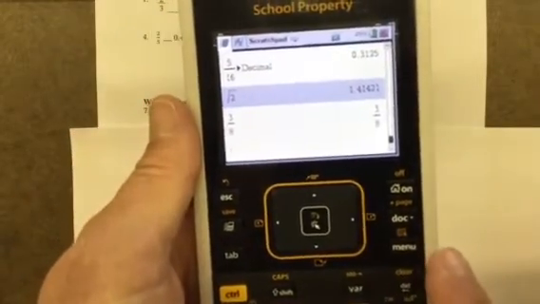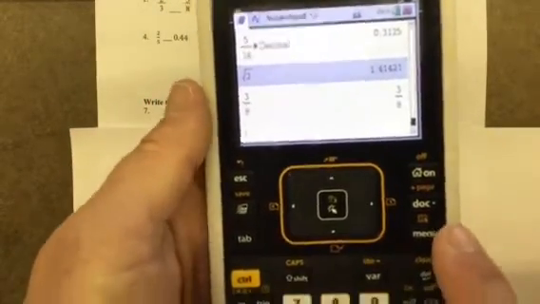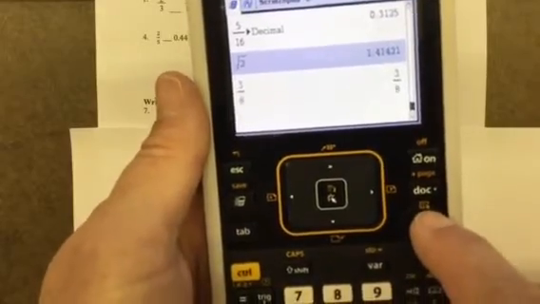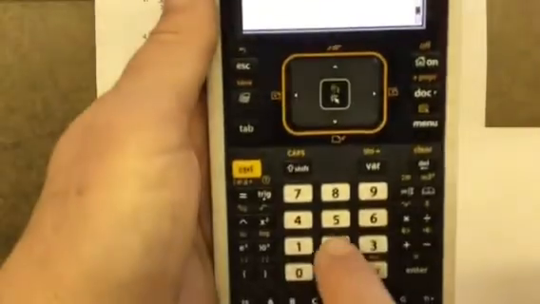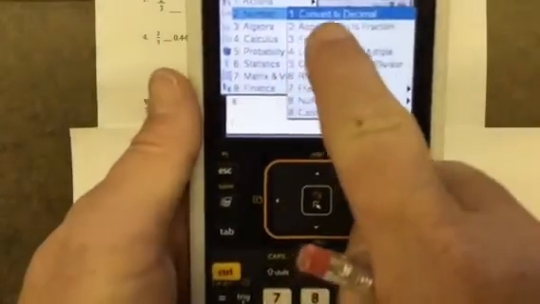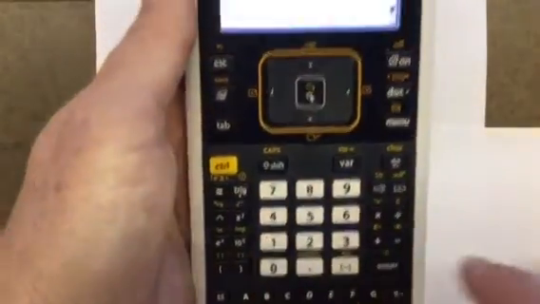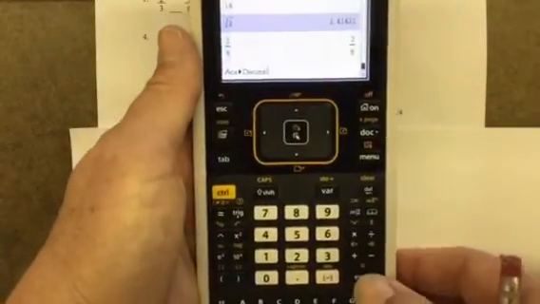So what we need to do is convert that to a decimal, and this calculator will do that for you by pressing menu. You press the 2 and then convert to decimal 1. So menu 2 1 will convert any number into a decimal.